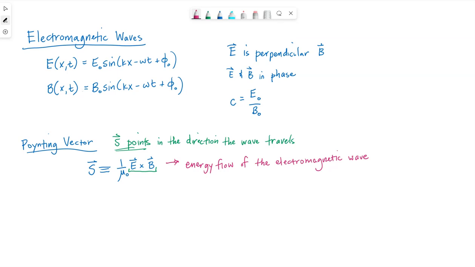So we can say, because E and B are perpendicular, that this energy flow is simply E times B over mu naught. And by energy flow, we do mean watts per meter squared. If you recall, watts per meter squared were the units of intensity.